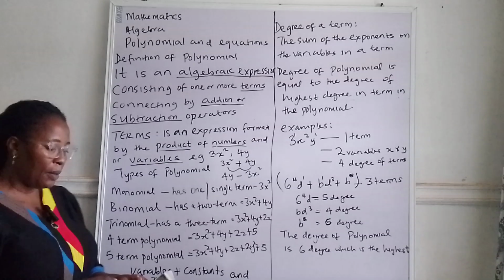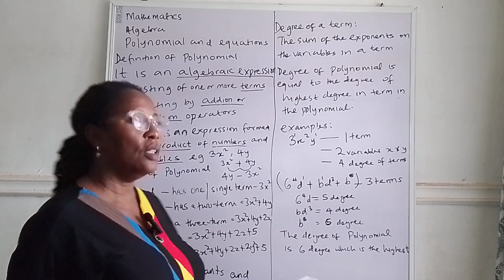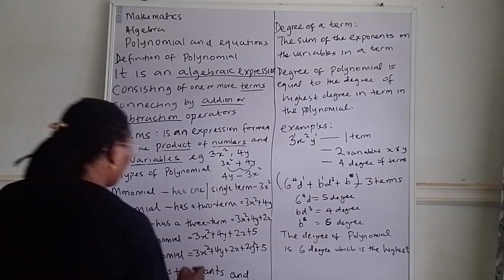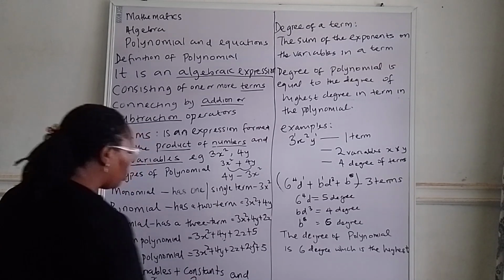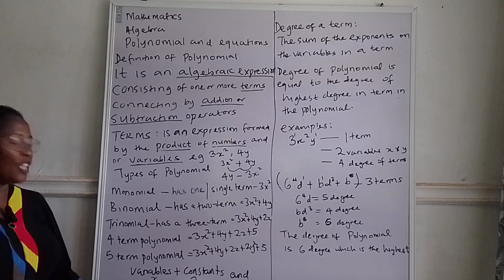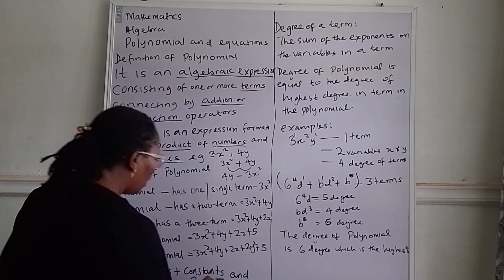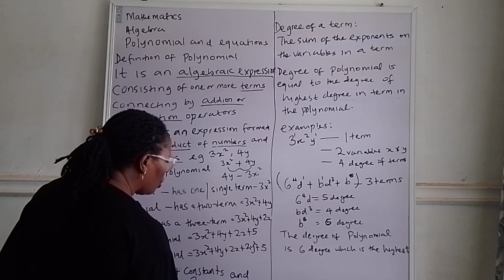We can have number 1, 2, 10, 100, 1000. That's a constant. Let's pick 2. And we have algebraic operators. Algebraic operators are addition, subtraction, multiplication, and division.